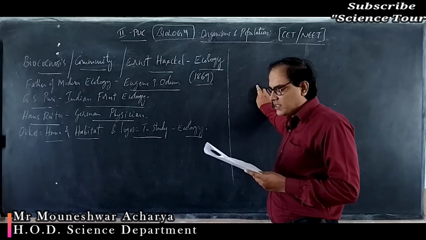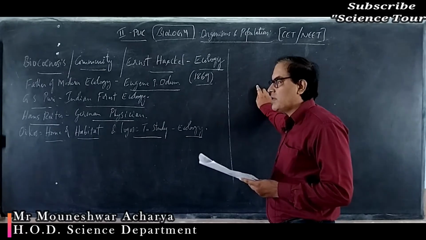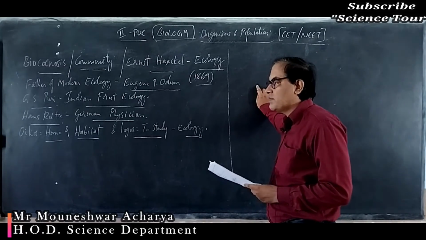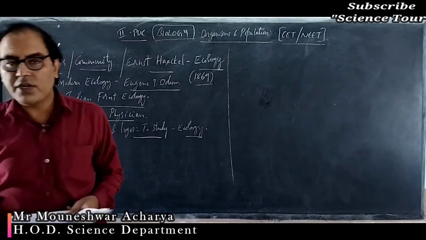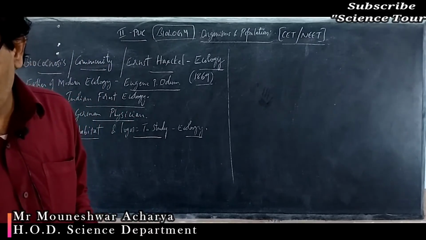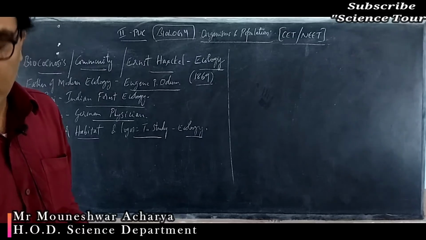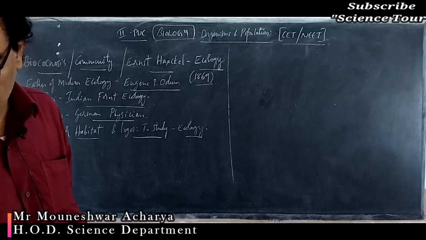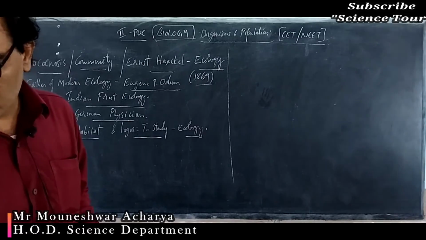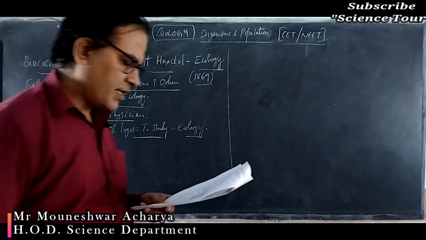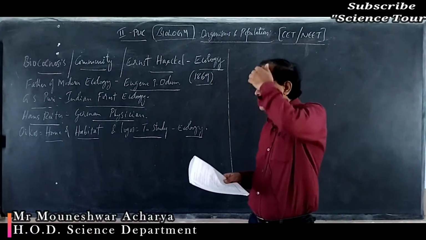So the geographical locations are different, but the ecological niche, the conditions, may be similar. The food resources may be similar, or the diversity in the resources they utilize may be similar. They can tolerate a similar range of environmental conditions. The temperature may be similar, the weather conditions may be similar, the rainfall, all these conditions may be similar. So that forms the ecological equivalent. That is the simplest example.